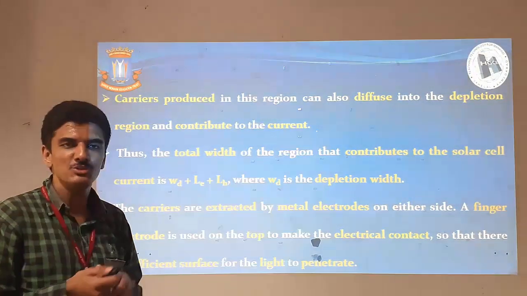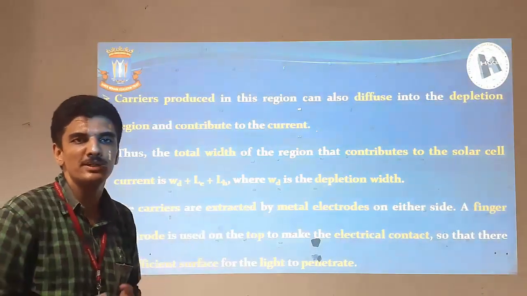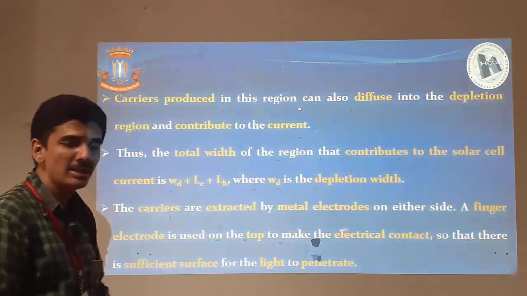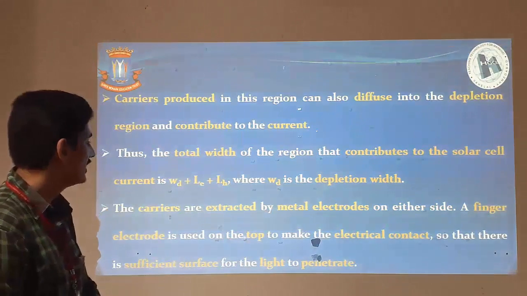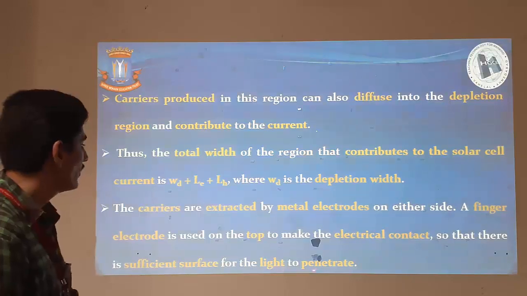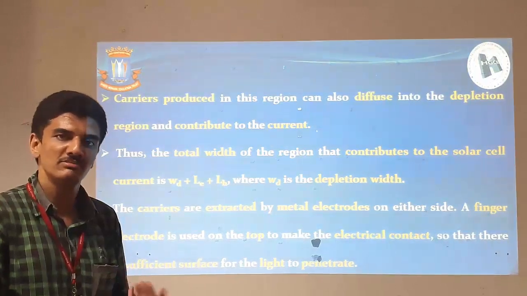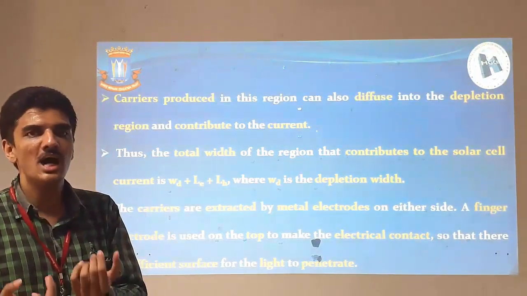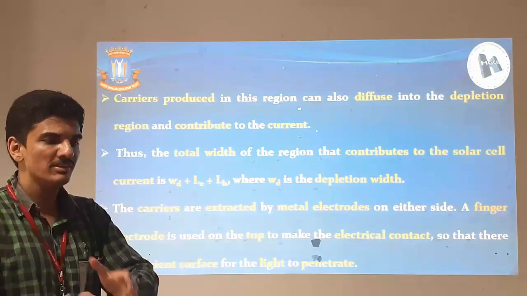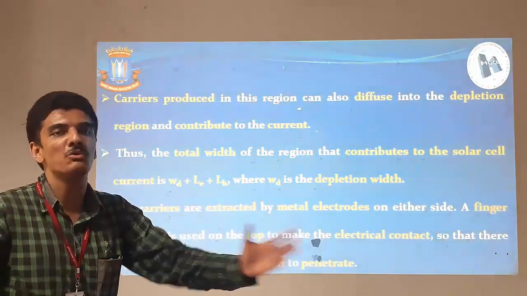While discussing the construction of the solar cell, I had not mentioned the advantage of this metallic electrode, but here I am clarifying that it was designed to make electrical contact while leaving sufficient surface for light to penetrate, so the maximum area of the glass surface is utilized. Once the electron hole pairs are generated, they will stay inside unless we provide an output path.